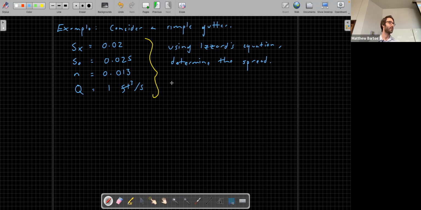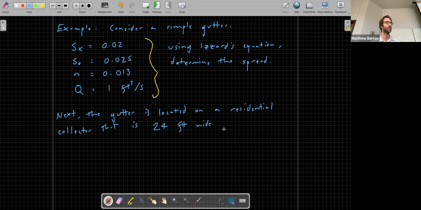And let's say that next, the gutter is located on a residential collector that is 24 feet wide, so this includes both lanes.